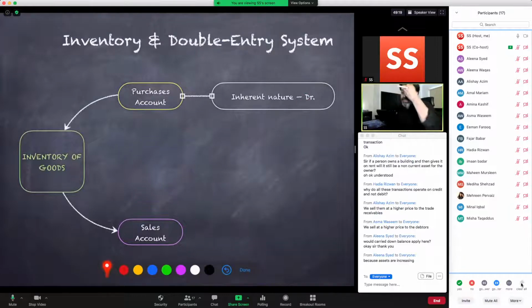So let me clear it again. Do we understand why the purchases account carries an inherent nature of debit?